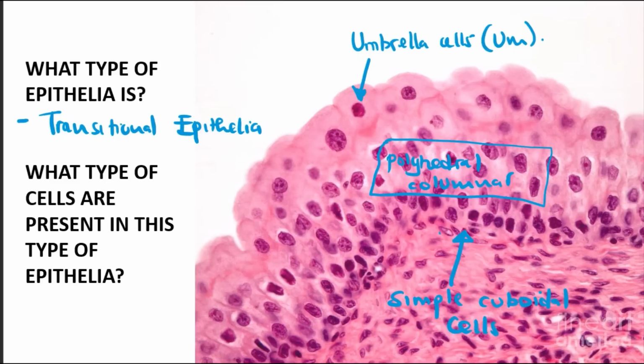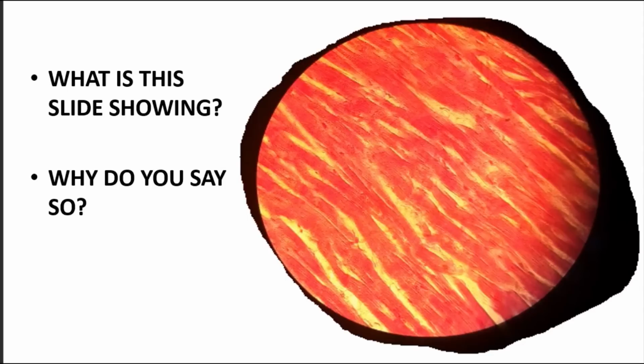Simple cuboidal cells. What is showing in this slide, if you look at this carefully, this is cardiac muscle. Now the question is, why do you say so? Number one, it is branched. You can see this one here is branched.